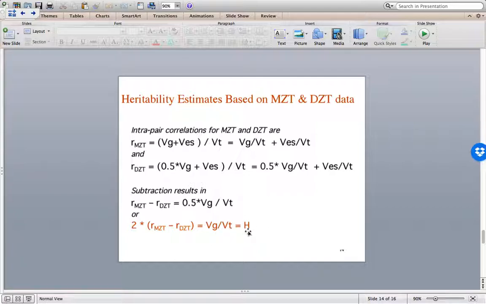Thus, heritability equals 2 times r MZ minus r DZ. The key point is that the twins do not have to be separated at birth. They can have a shared environmental variance that is greater than 0. This expression makes intuitive sense because r MZ minus r DZ is like subtracting out the effect of twins having a shared environment and just focusing on genotype, because identical and fraternal twins are expected to have similar shared environmental variance terms.